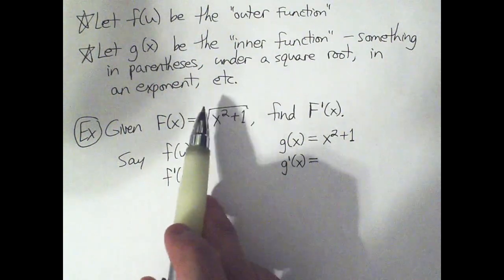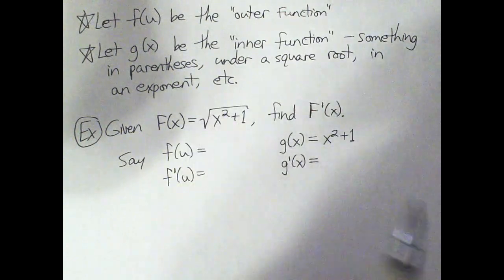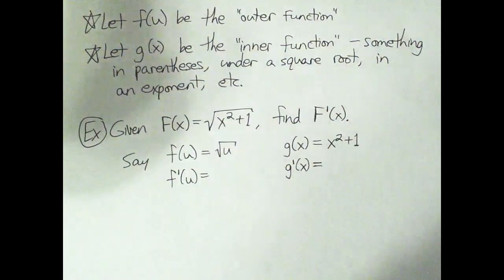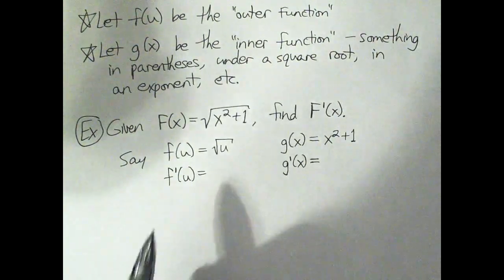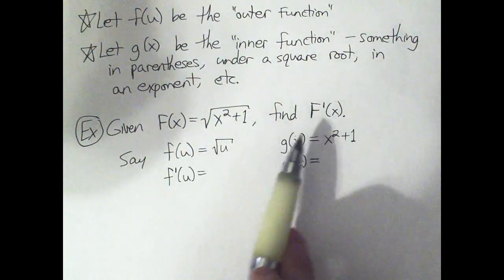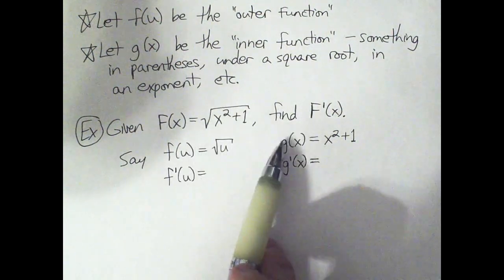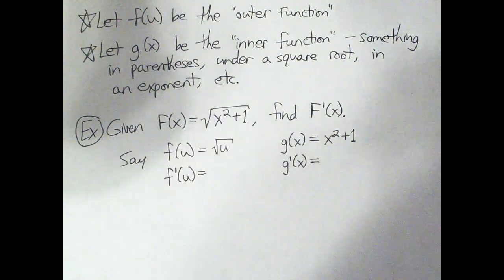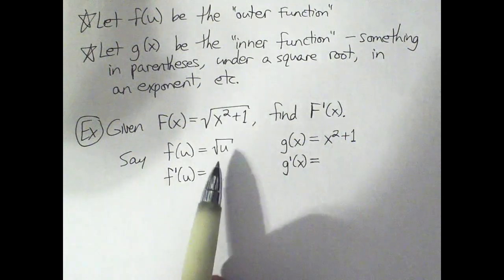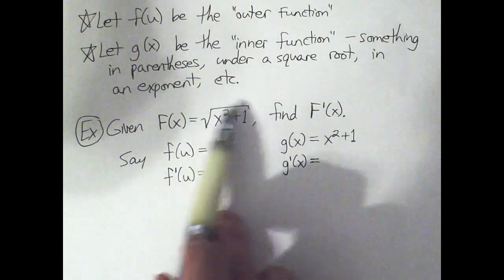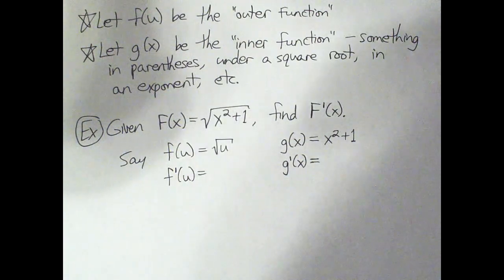The thing on the outside is the actual taking of the square root. So let's call it the square root of u. We choose these so that if you did f of g of x, it would equal the original problem. f of g of x would equal the original problem. That's how you know you set it up correctly.